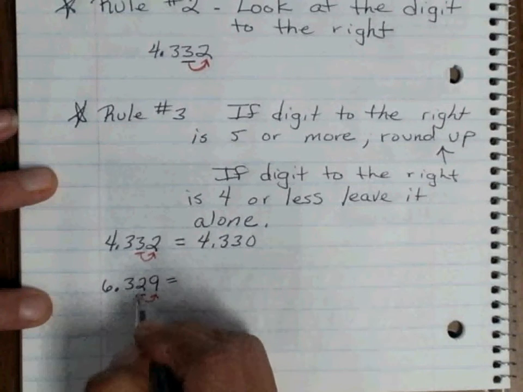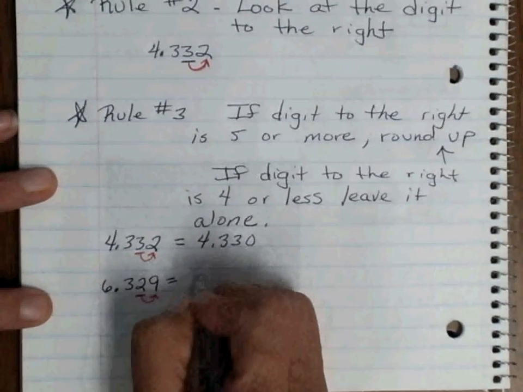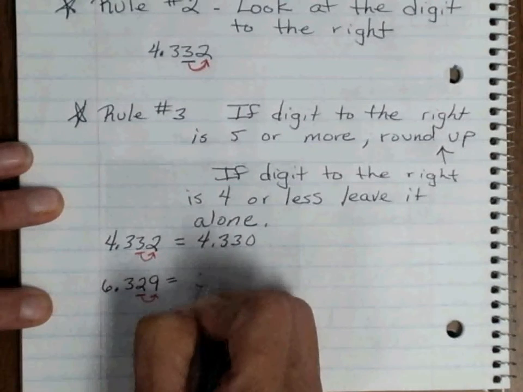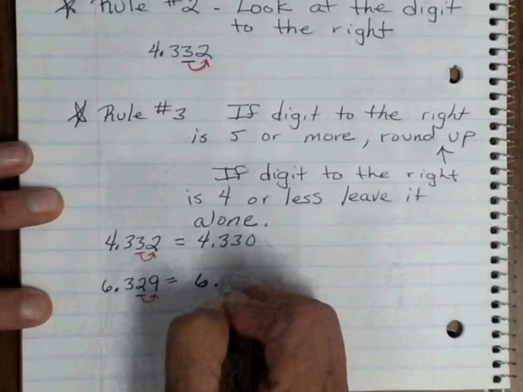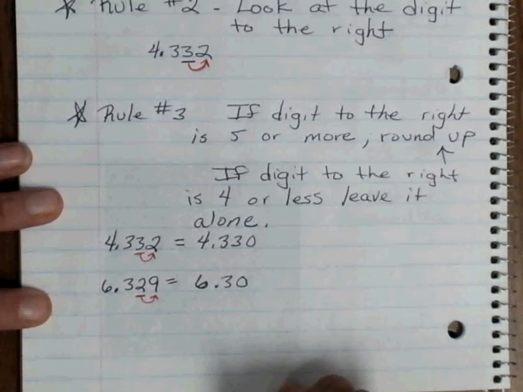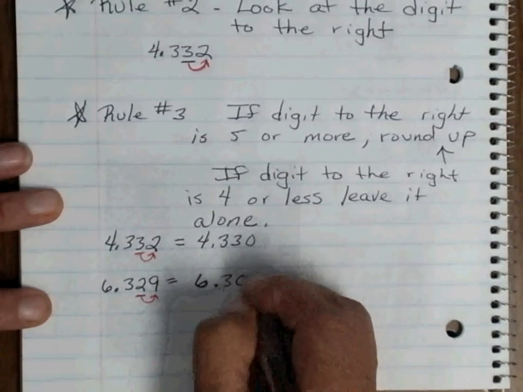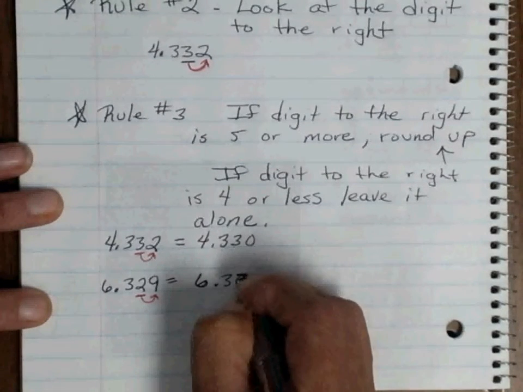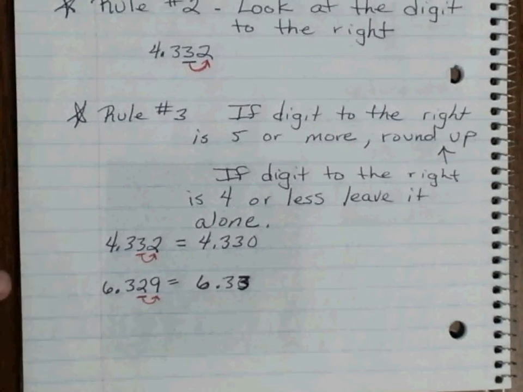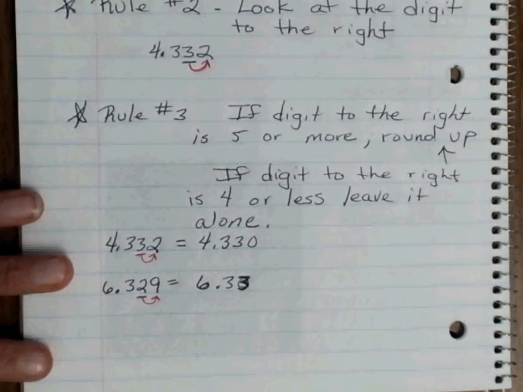And what does it become? It becomes a 3. So 6 and 329 thousandths rounds to 6 and 33 hundredths. Sorry about that, guys, I misspoke at first. 6 and 33 hundredths.